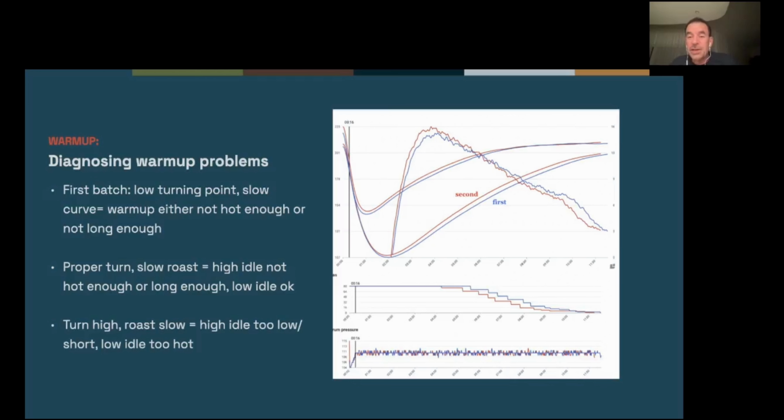And once you've done that, then you can just make small adjustments seasonally. Let's say you might need a little bit more time in your high idle in winter than summer, etc. But you should get to the point where you're very confident that your first batch will be right on target, just like any other batch of the day.